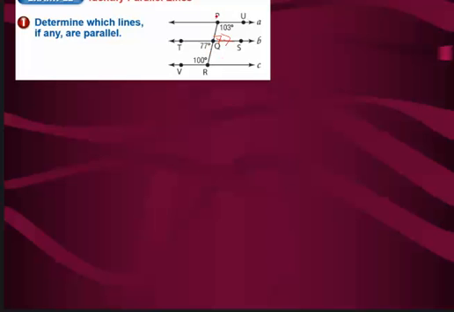Without knowing that these lines are parallel, we know that vertical angles will always be the same. So now our question is, are these two same side interior or consecutive interior angles supplementary? Because they have to be in order for those lines to be parallel. So we just need to add them up and see if they equal 180 degrees.